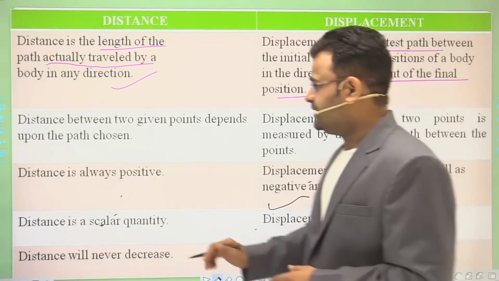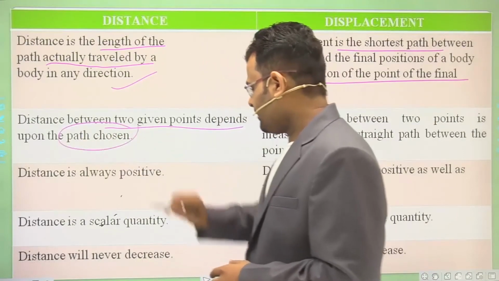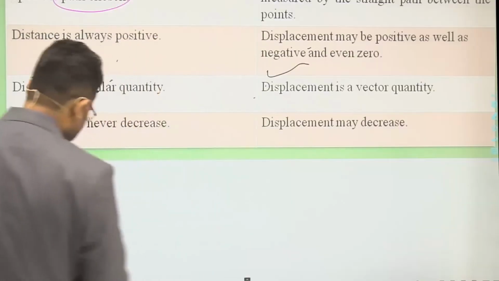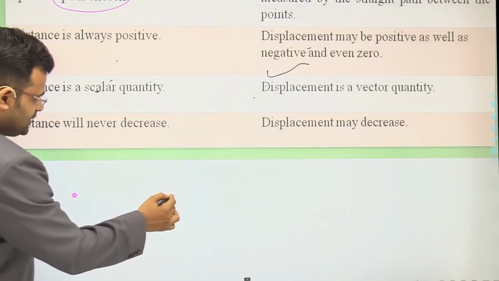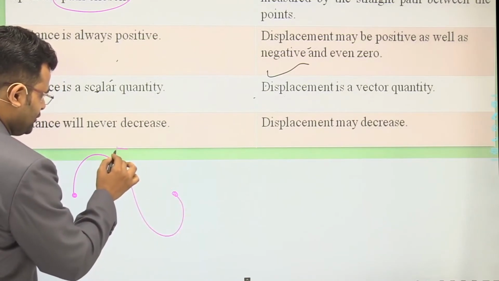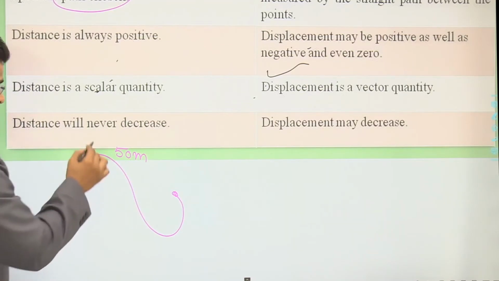Second thing is, distance between two given points depends on the path chosen. Path chosen means, dear students, first and second. If you are moving on that path, we calculate 50 meter. The distance is 50 meter. That is path 1.